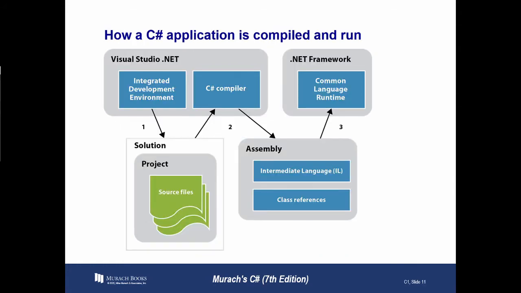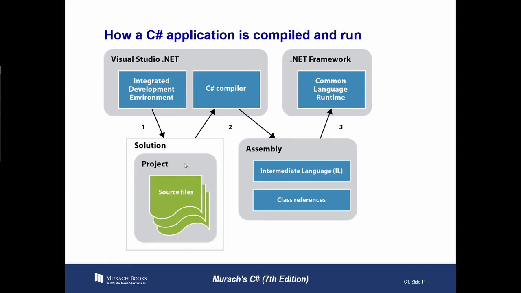If we look at this slide here, it talks about the stages from starting to develop a project in order to write the code. You've got to start somewhere. So at step 1 you have an IDE. In this case, we're using Visual Studio 2019, and you build out your source files.